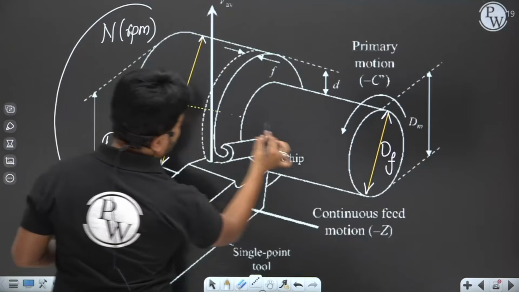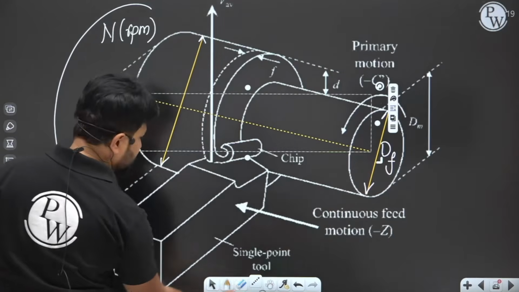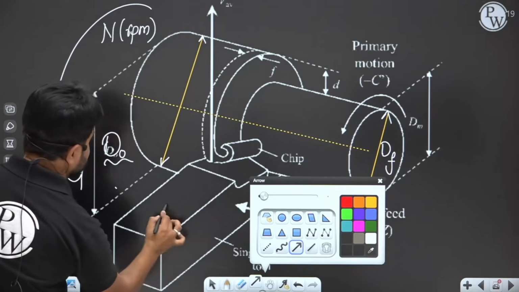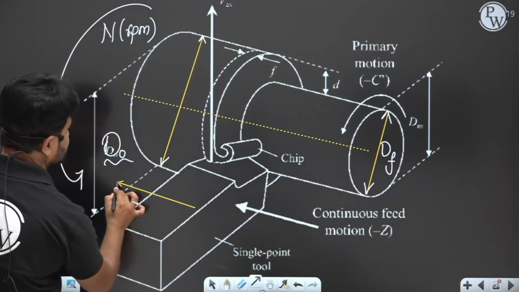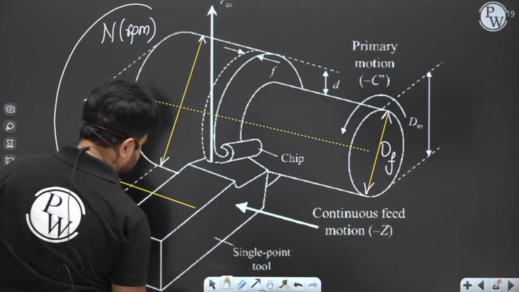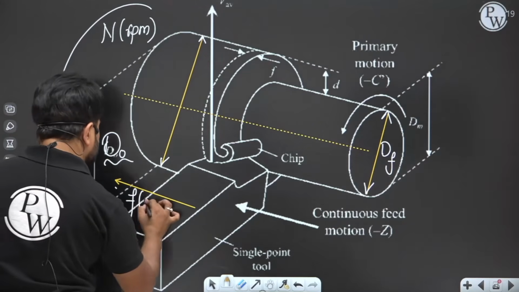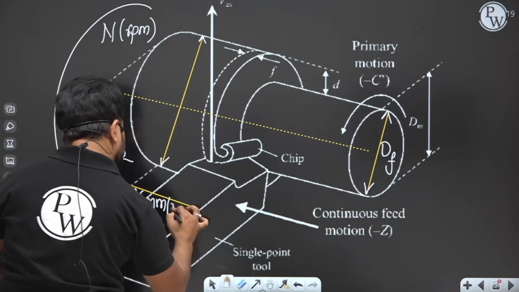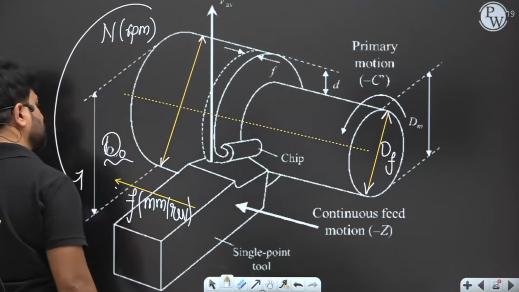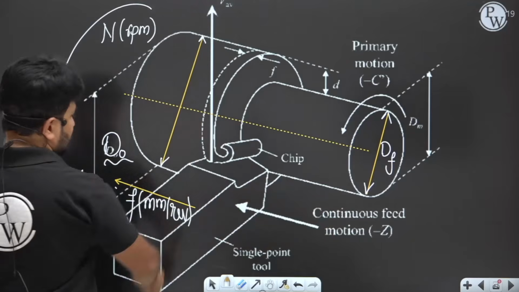This is the axis of rotation, and this is the feed of the tool, in mm per revolution.